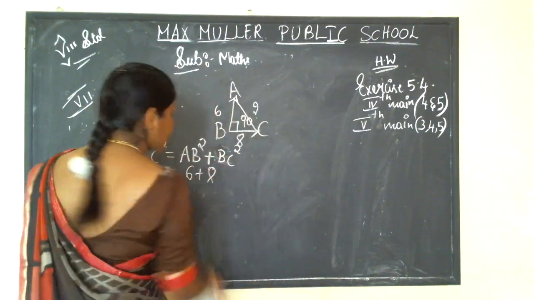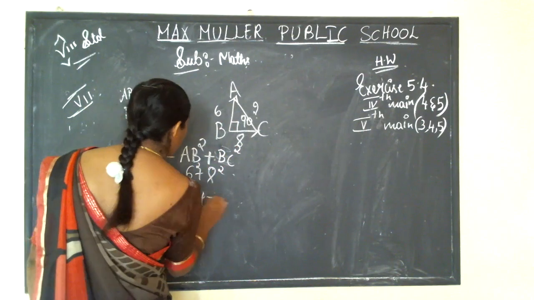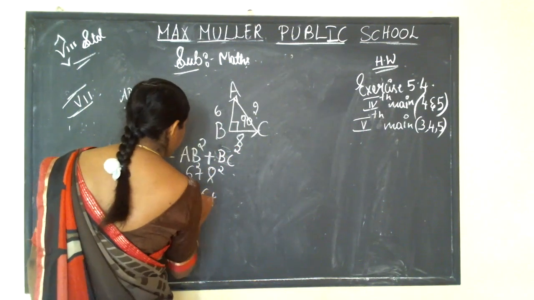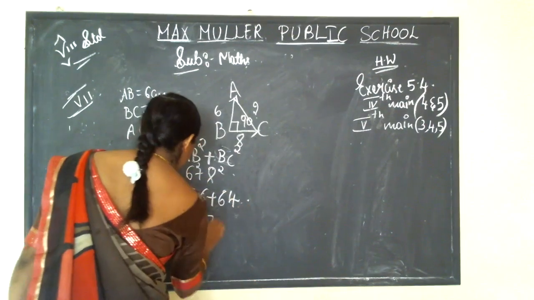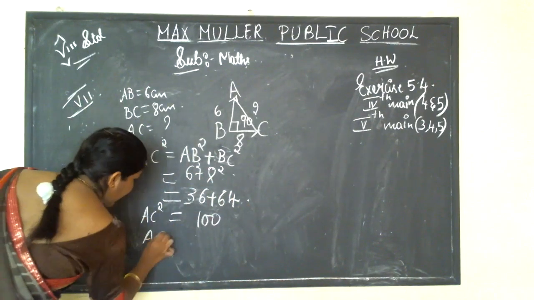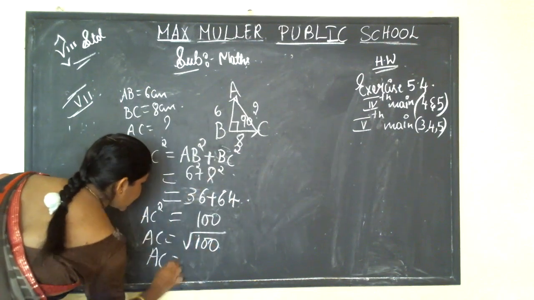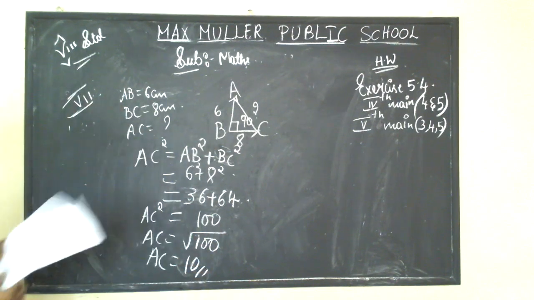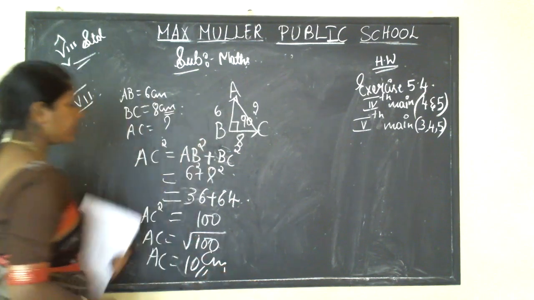As the number is square, you have to do square. 8 8s are 64, plus 6 6s are 36. You will get 100. So AC square is 100. AC becomes square root of 100. So AC is equal to how much? 10. Understood? 10. You have to mention centimeter.